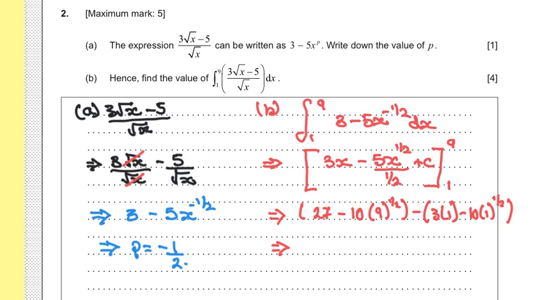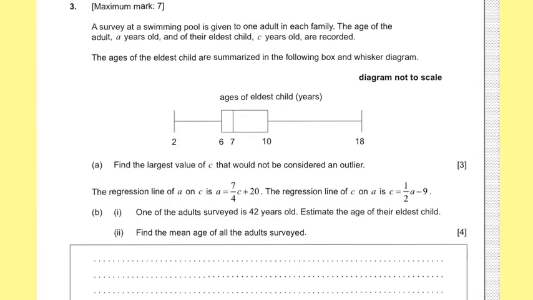Therefore, we get 27 minus 30 minus 3 minus 10, which is equal to minus 3 plus 7, which is equal to 4.